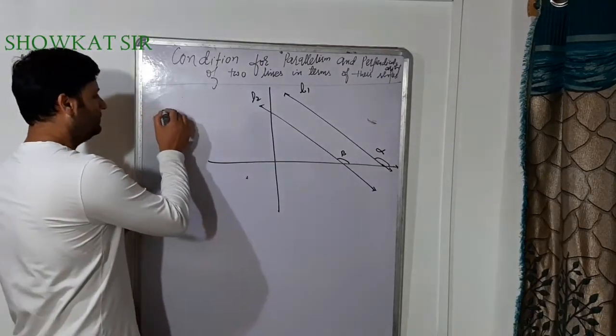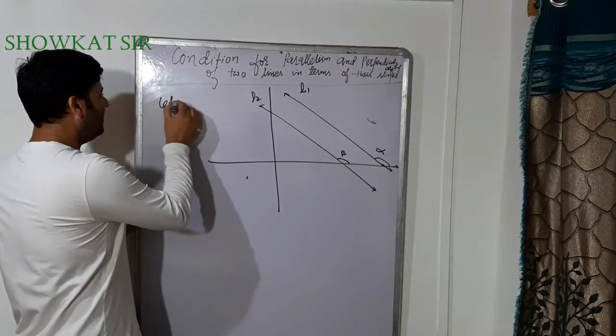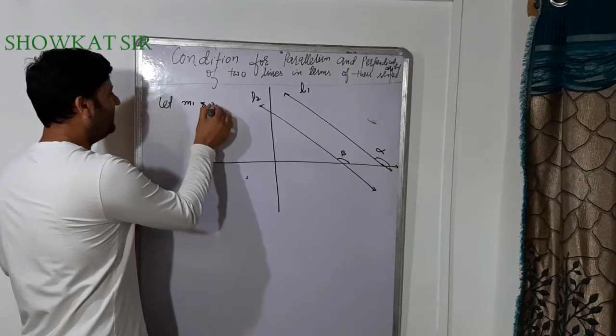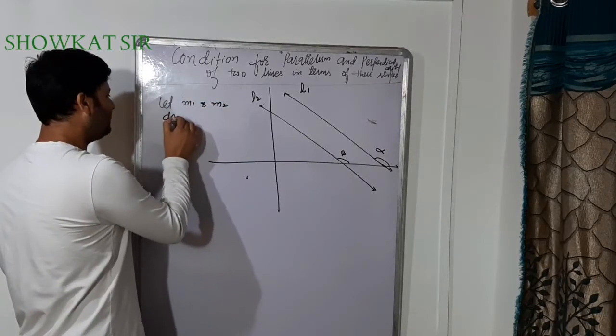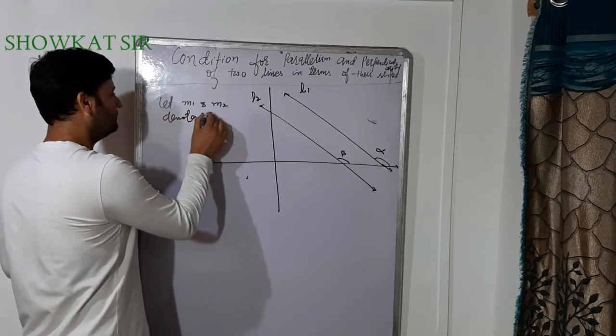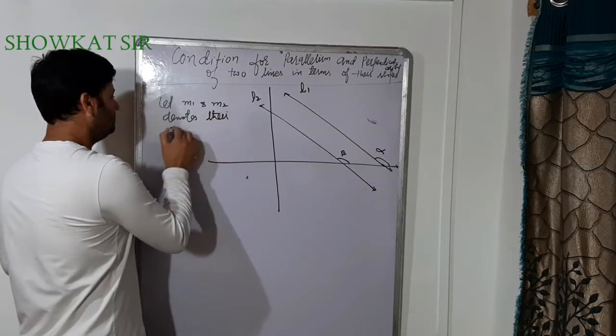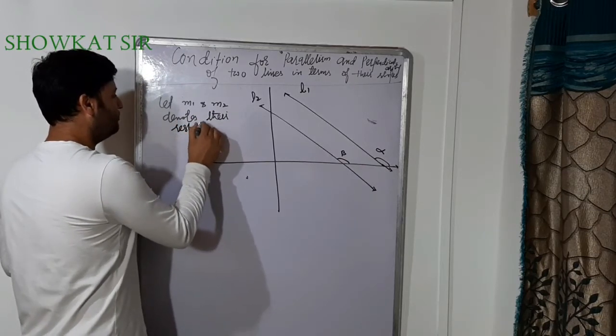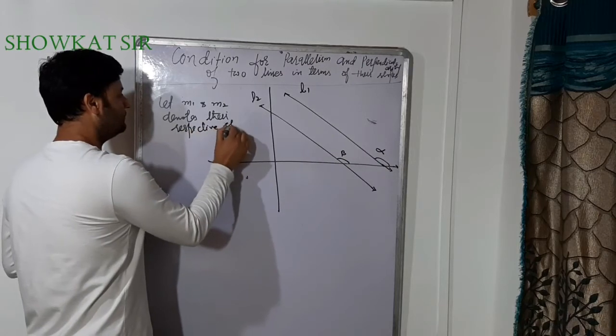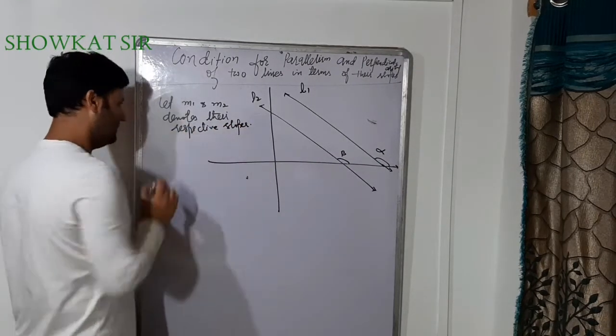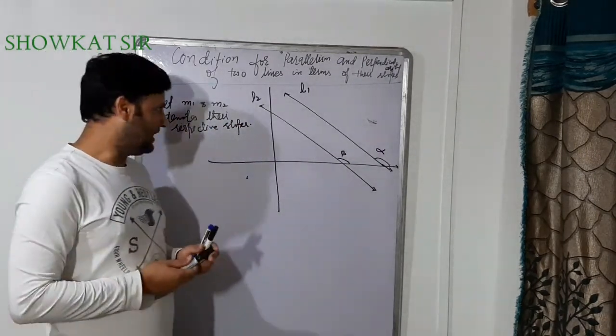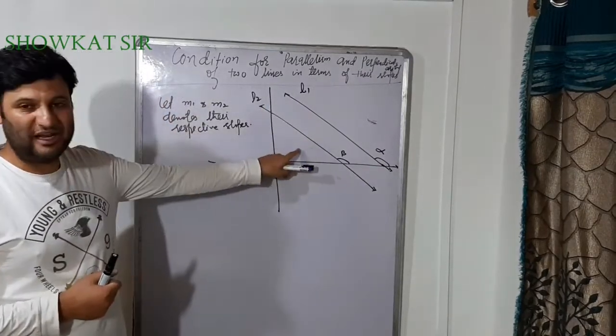So let M1 and M2 denote their respective slopes. These are two lines, given two lines, L1 and L2 in a coordinate plane.